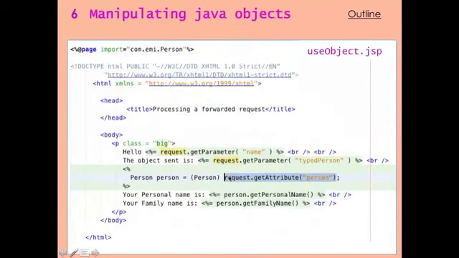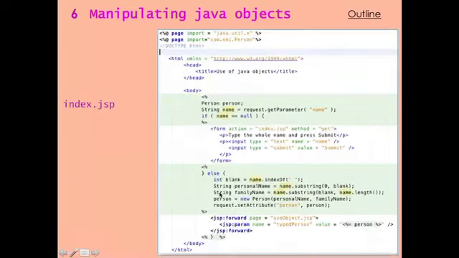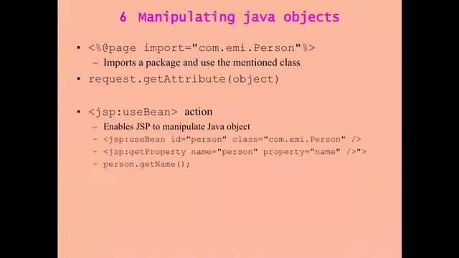Now, if I want to display either the personal or family name, I use the getters of this object. Of course, the whole expression could be replaced with the jsp:param, what I explained before.